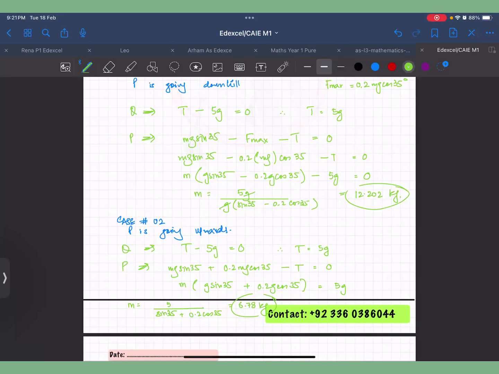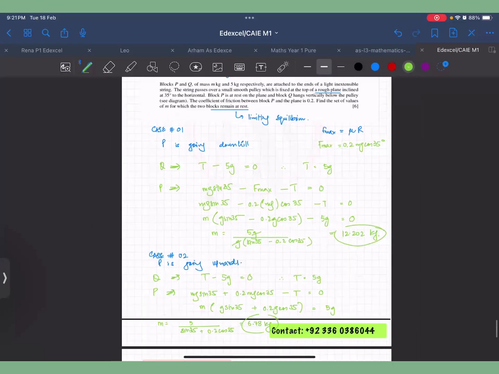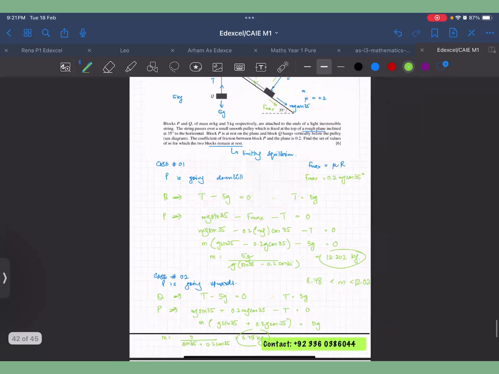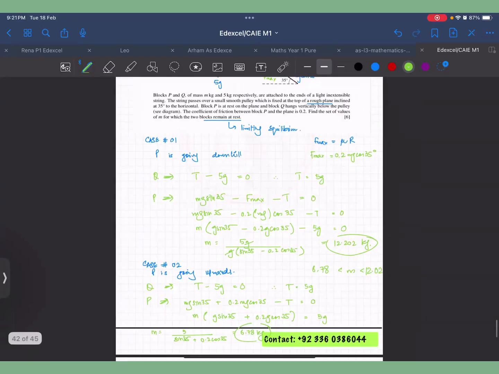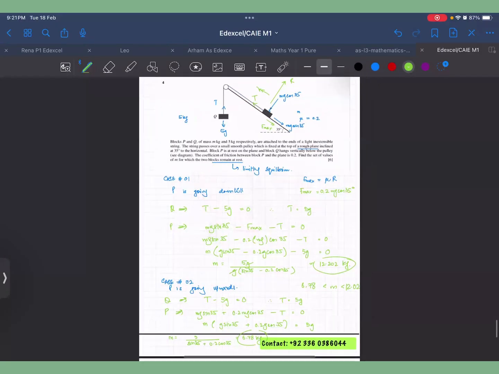And this is the minimum value of mass for which it is in equilibrium. So if your mass is between this, then this block will remain at rest. Okay.